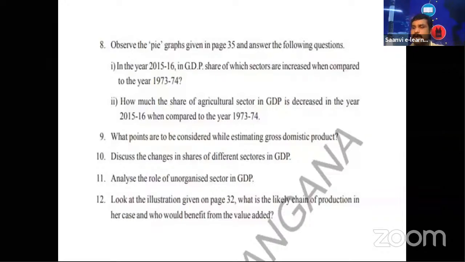And finally, there is a tremendous increase in the share of service activity. Those are three stages; remember and write. Analyze the role of the unorganized sector in GDP. How much? Actually 8%, 50, and 92%, 50. If you read that particular paragraph, you will get the answer.